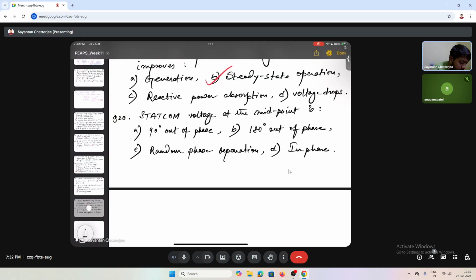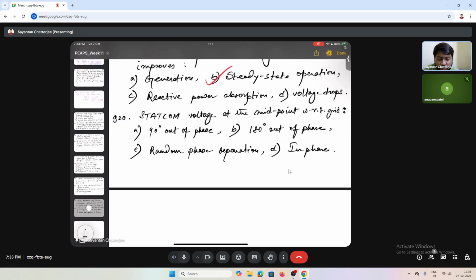Means obviously, I think you missed it with respect to grid voltage only. A will be the answer. No, STATCOM voltage phase angle we are discussing.